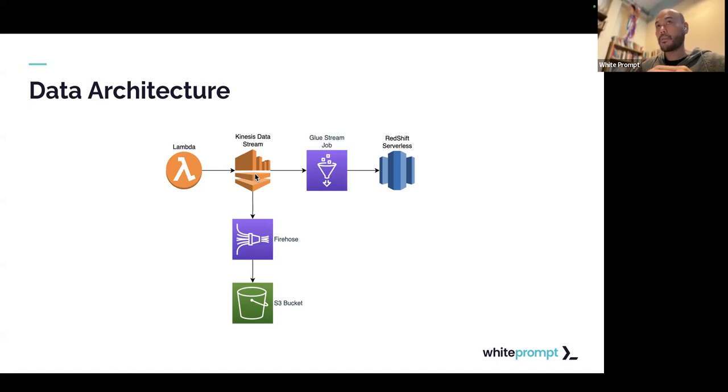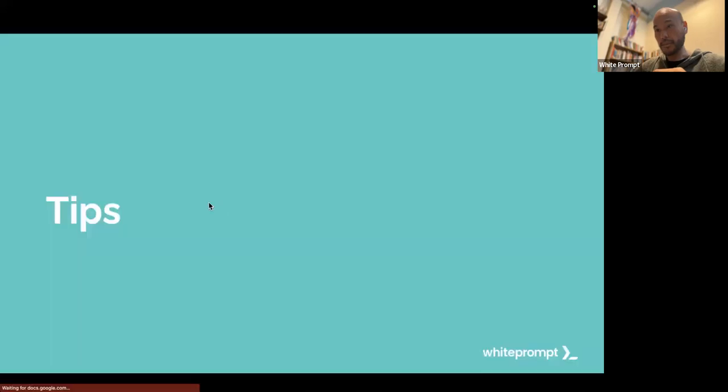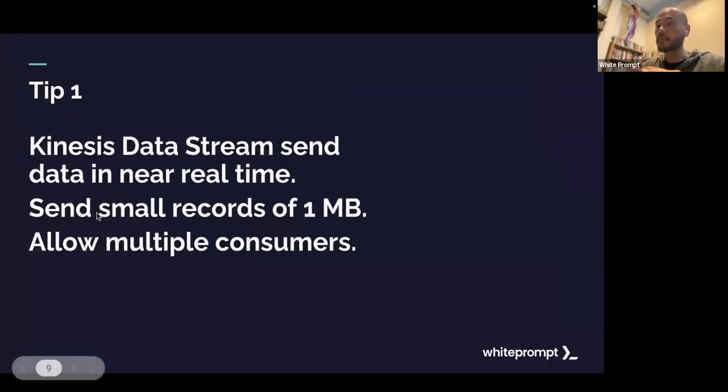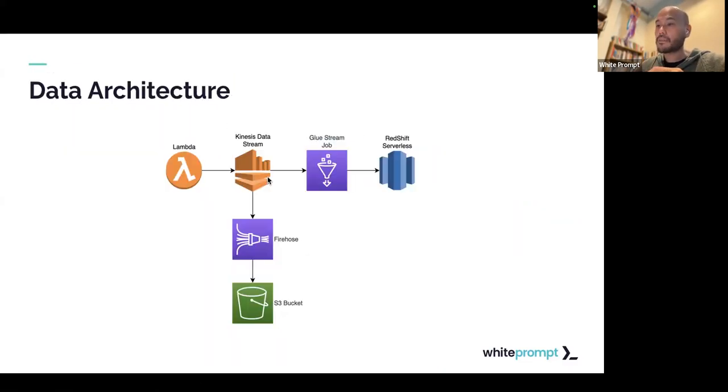But in this case, we want to handle a small piece of data and then process it immediately in the Glue job. So we were sending a small record of 1 megabyte to send data in real time, and as well this allows us to have multiple consumers. It's similar to EventBridge in this case, but the difference is that we are sending the data through services. In this case, we are sending the stream data in Kinesis.